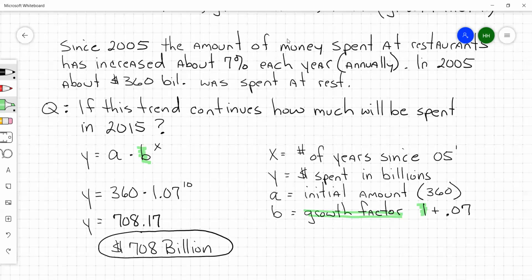If you type 360 times 1.07 raised to the 10th and hit equals, the calculator is smart enough to do the exponent for you. So you can type it in just how it sits right here: 360 times 1.07 y to the x, 10, and hit equals, and you're still going to get 708.17. So either way you type it in, you're going to get 708 billion.